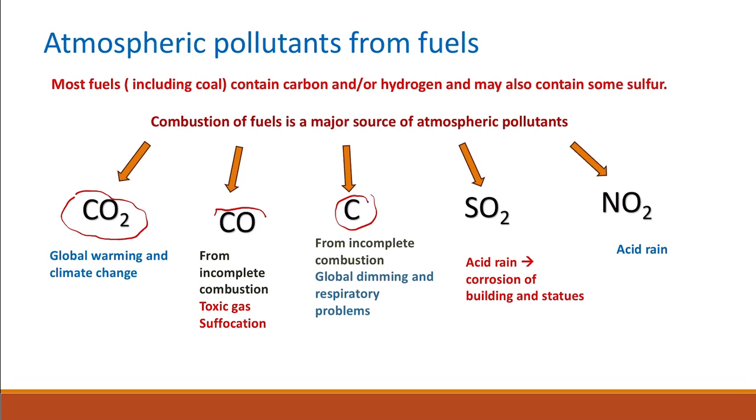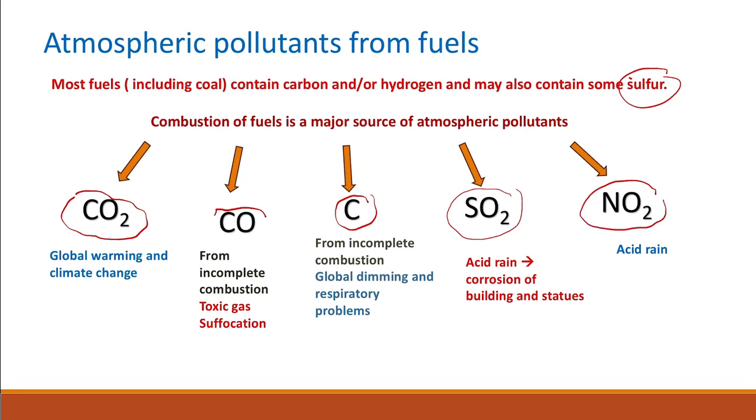Sulfur dioxide comes from burning fossil fuel because it contains some sulfur. The sulfur dioxide is responsible for acid rain, which can cause corrosion of buildings and statues, and can also affect the pH of the water and affect the fish or the aquatic ecosystem.